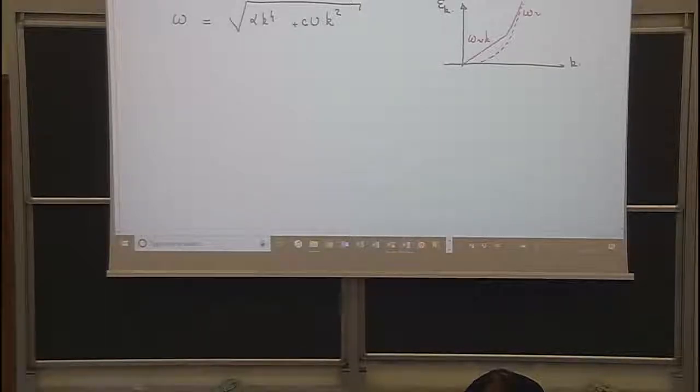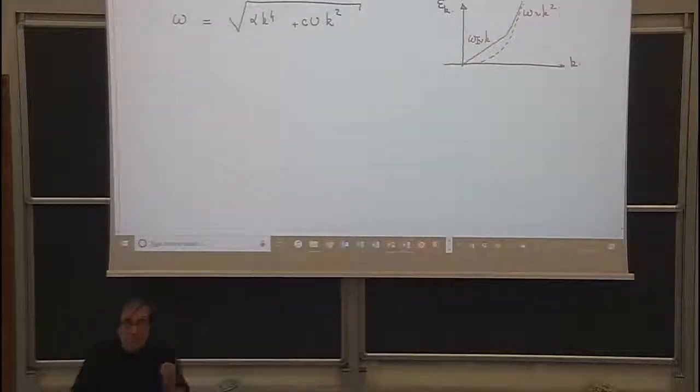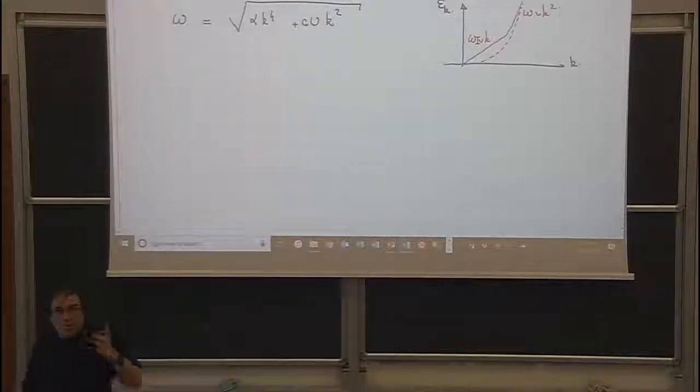Here, omega is proportional to k square. So the interactions, when they are present, completely transform the spectrum, giving you a linear spectrum at low momentum instead of the quadratic spectrum. For people who have worked out the Bogolyubov solution of a normal superfluid in 3D, this is exactly the expression for the Bogolyubov energy.